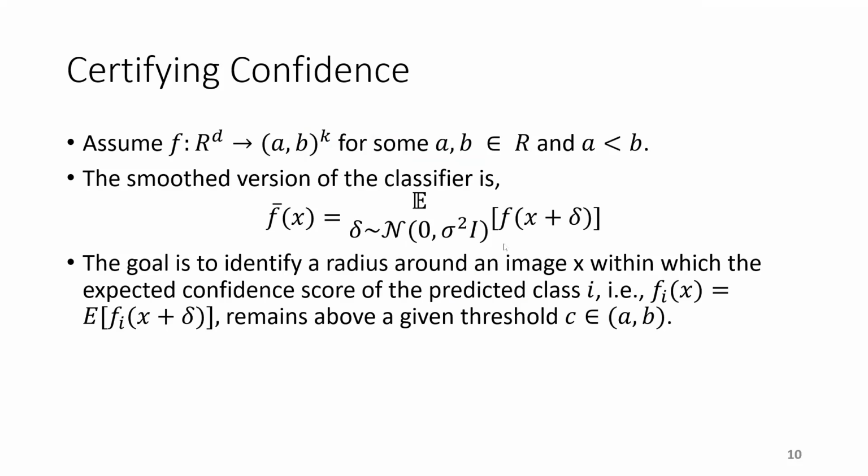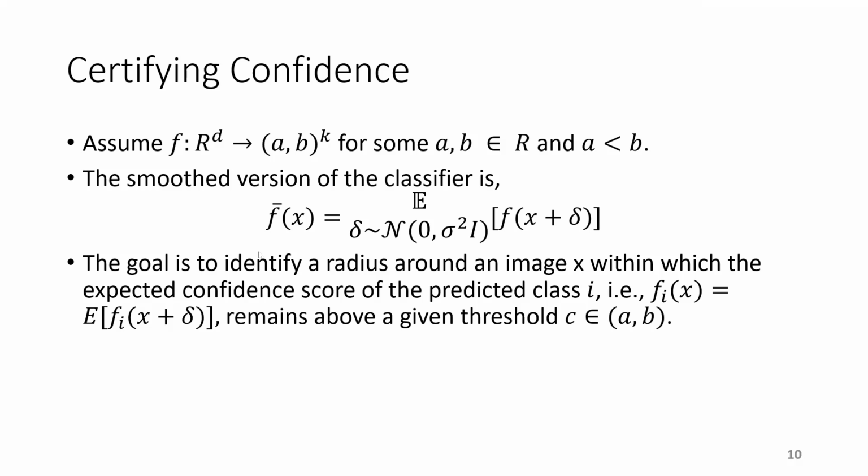So the goal also changed. Previously, randomized smoothing aimed to certify that the prediction result will not change. But here, we want to certify that the expected confidence score will not change much.